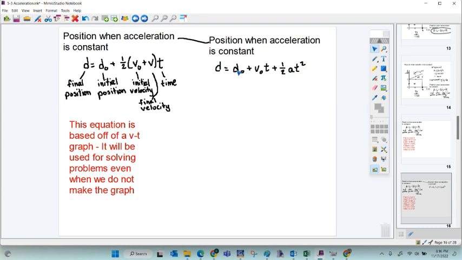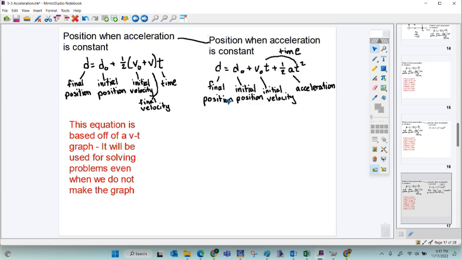It equals the starting position plus a couple of different things regarding the change in position. So starting position plus starting velocity times the time plus 1/2 of that constant acceleration times t squared.